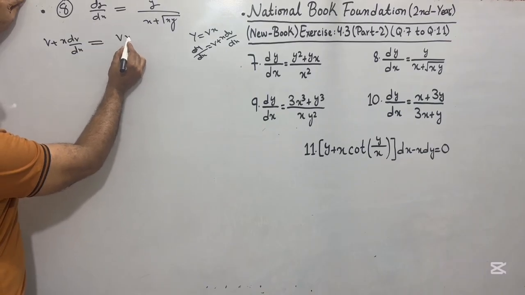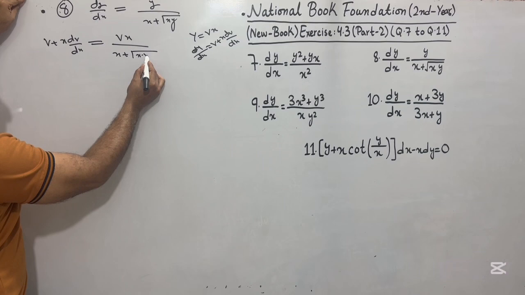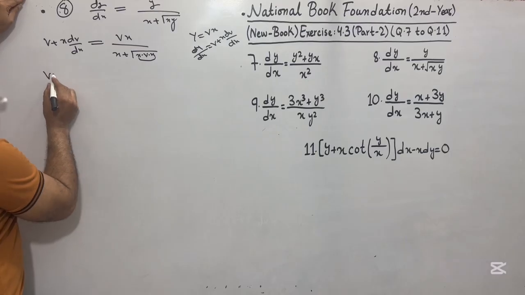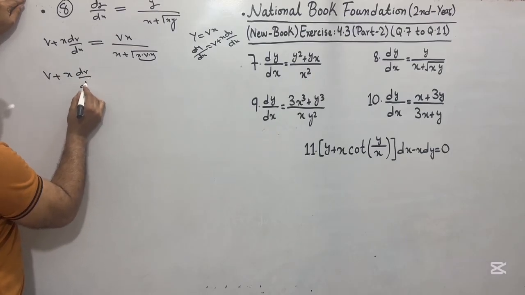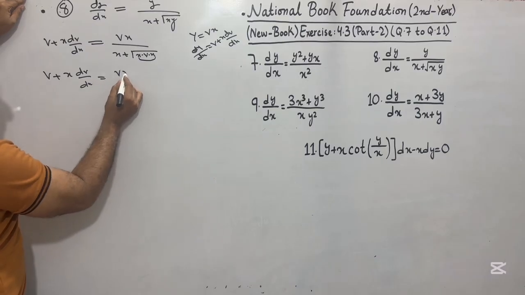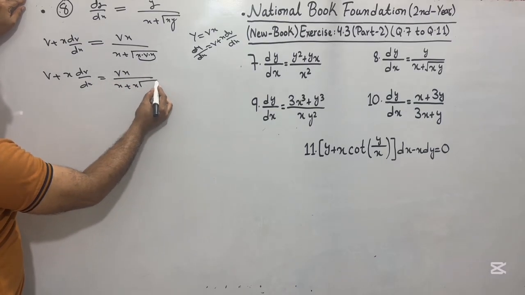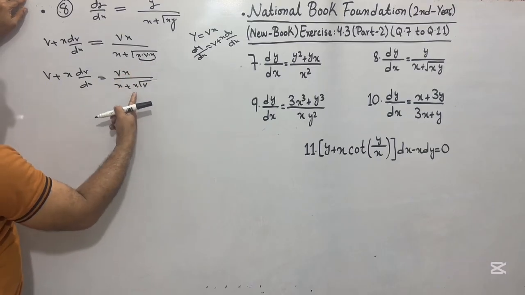Instead of y, vx. In x plus root x times y, y means vx. Here, a pair of x, or there is x square, it is a perfect square. Drag it outside of the square root. v plus x times dv over dx. We have vx over x plus pair of x, root v. x square means x outside.